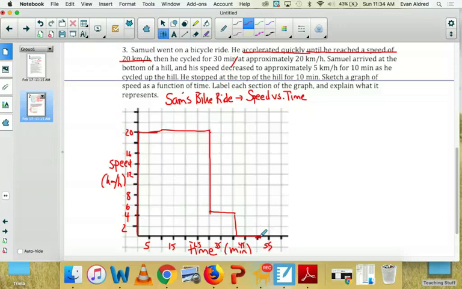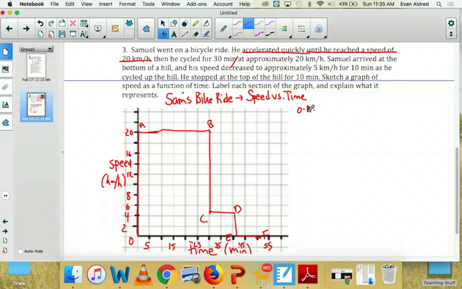And now we're going to go through and indicate what each segment represents. So I'm going to label it, so we have some starting point, and I believe that there's 7 segments there. So the first segment is 0 to A. So 0 to A, you have Samuel accelerating quickly until reaching a speed of 20 kilometers an hour. But we don't have a direction here.